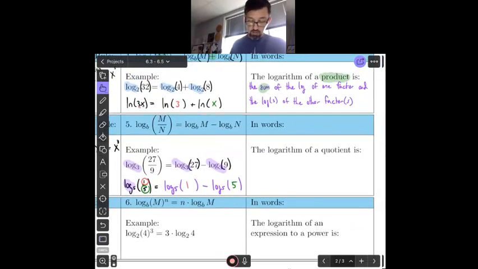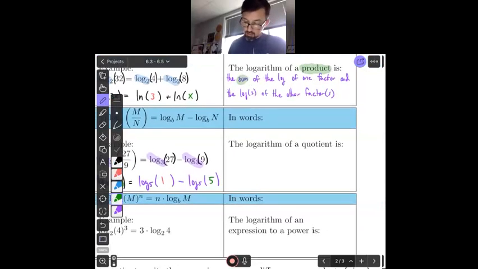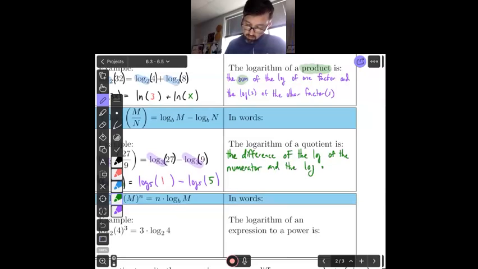The logarithm of a quotient is the difference of the log of the numerator and the log of the denominator.